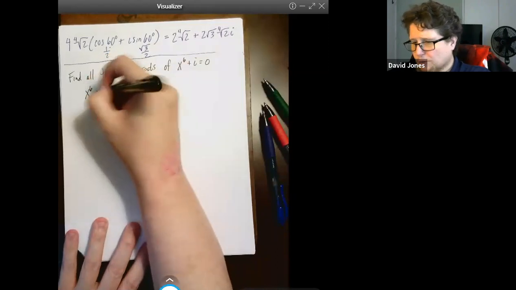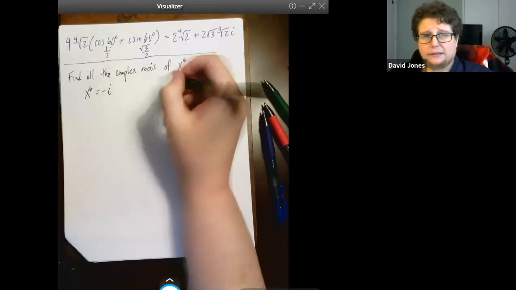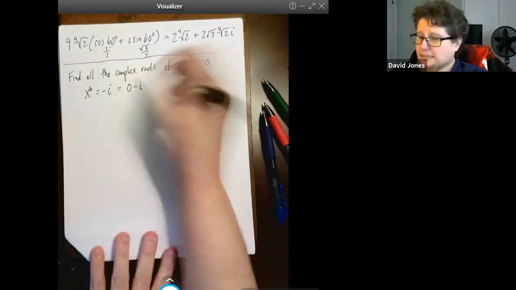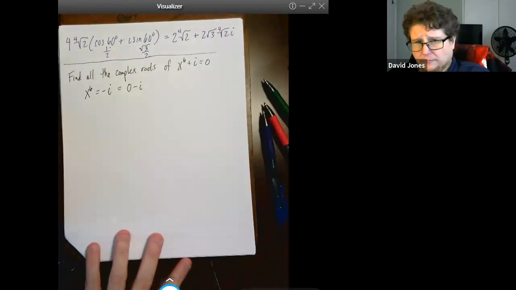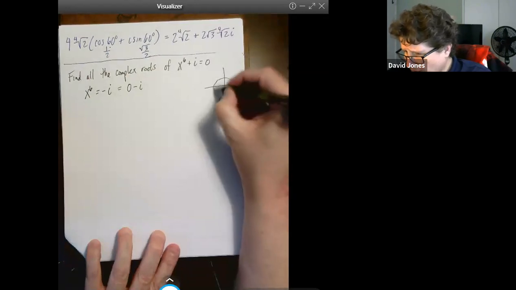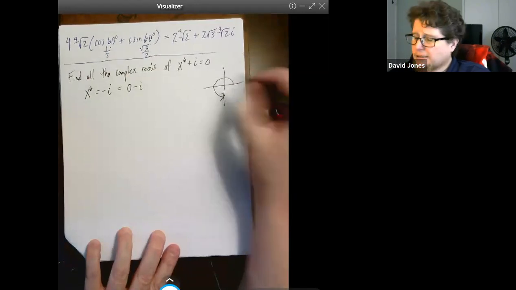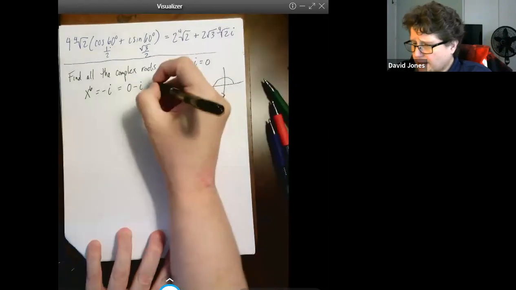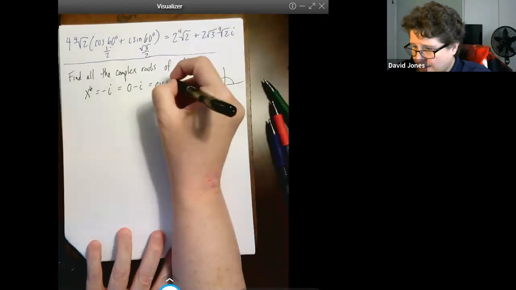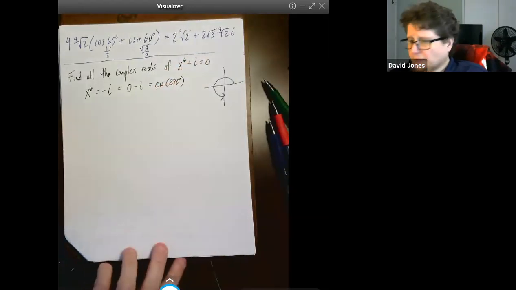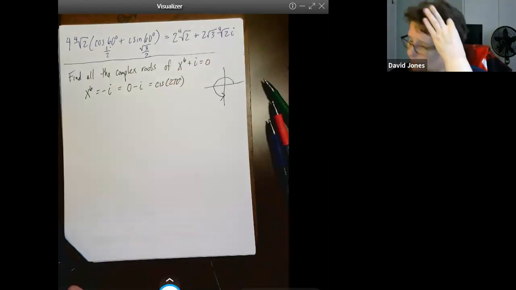X to the 6th equals negative I, which is 0 minus I. Which is all the way around, right? Straight downward. This is cis 270. Radius is 1 because it's got a length of 1. There's no multiplier on it.